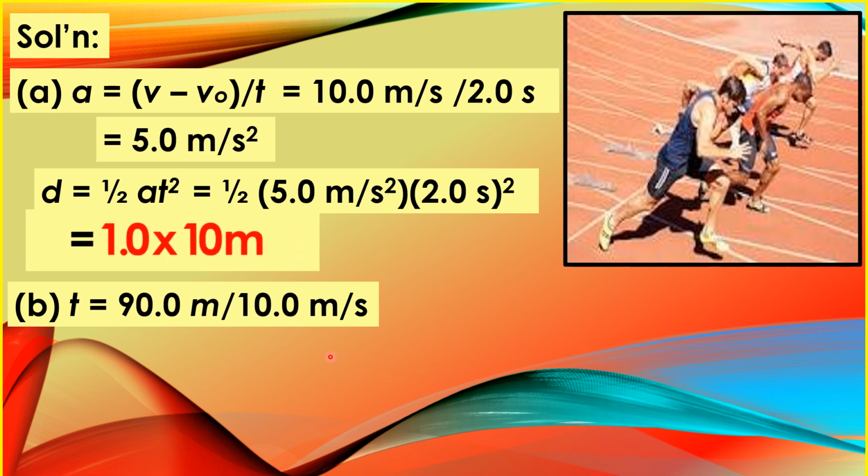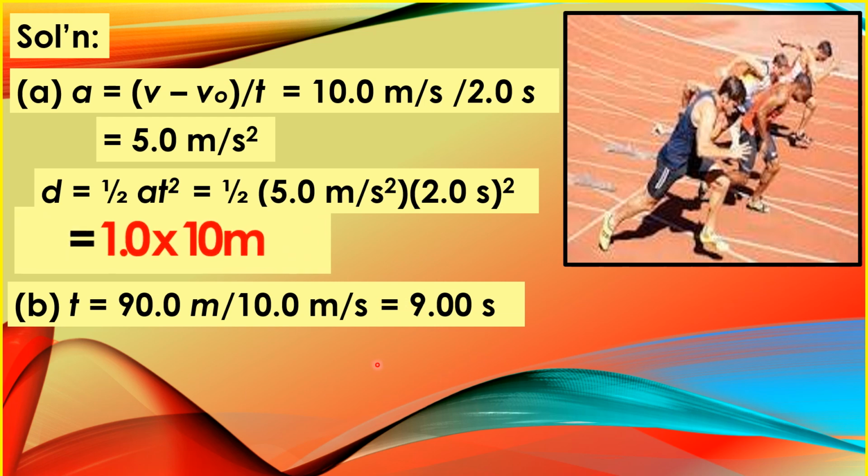Therefore, he has a remaining distance of 90 meters, and he is going to complete this race by running with the constant speed that he acquired after 2 seconds, which is 10.0 meters per second. So that time is equal to 9.00 seconds.